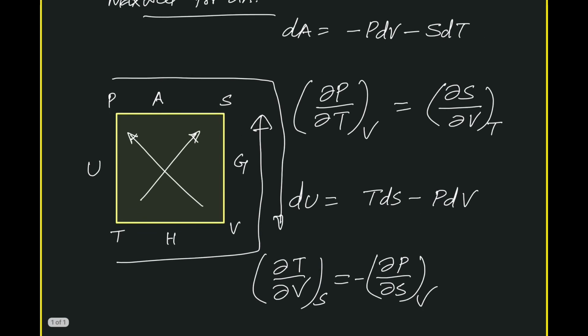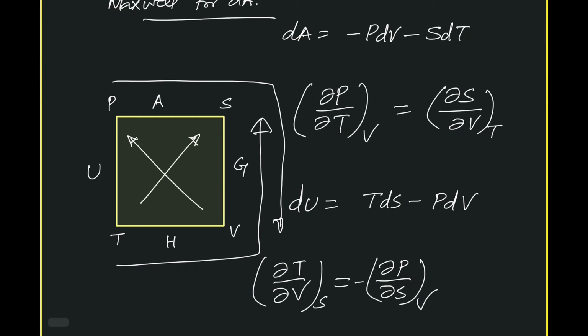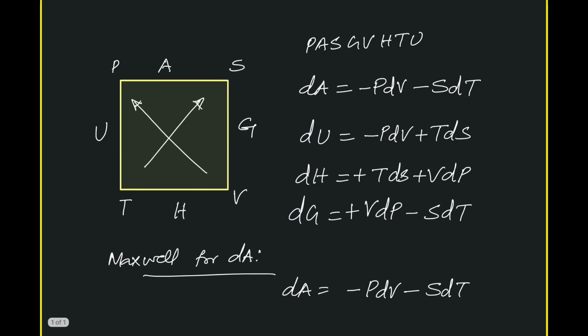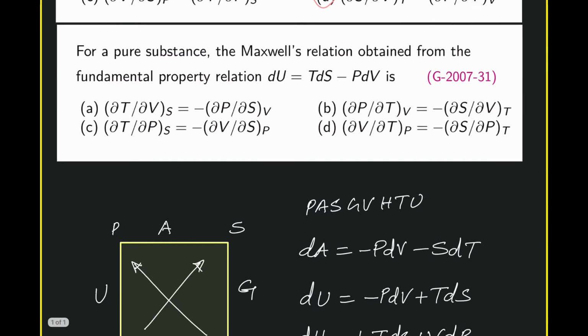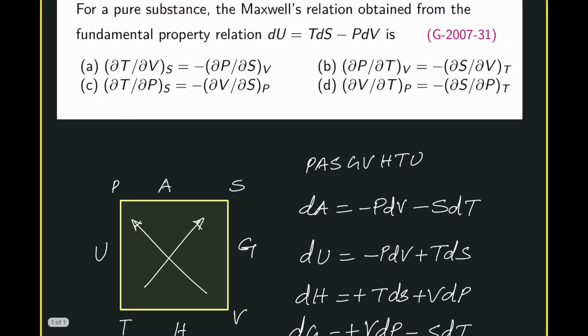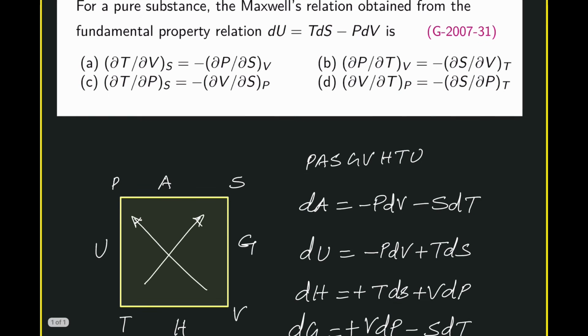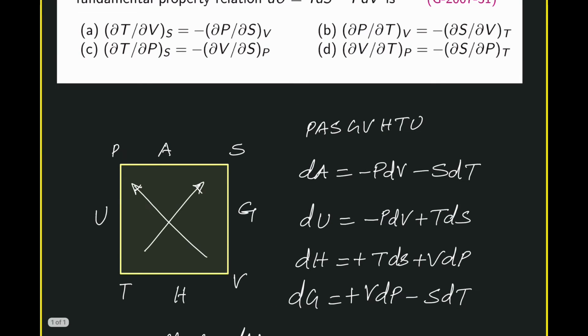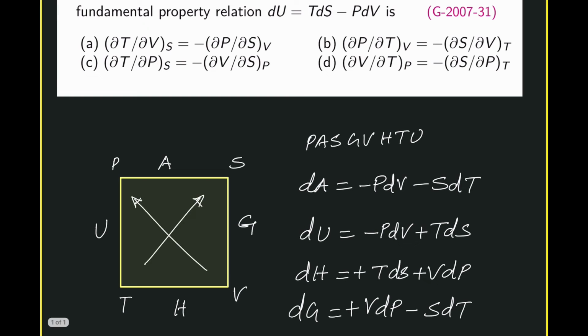Let us first finalize this part now. So this ∂t/∂v at s corresponds to the option for dU: ∂t/∂v at s equal to ∂p/∂s at v, but with positive and negative.